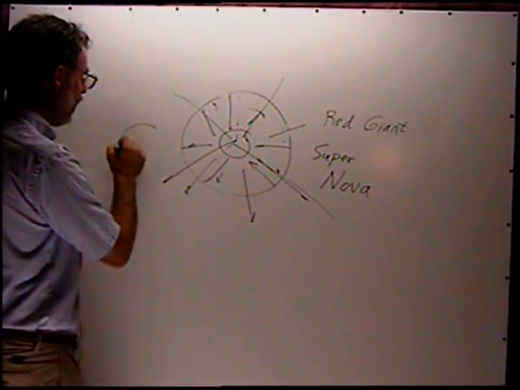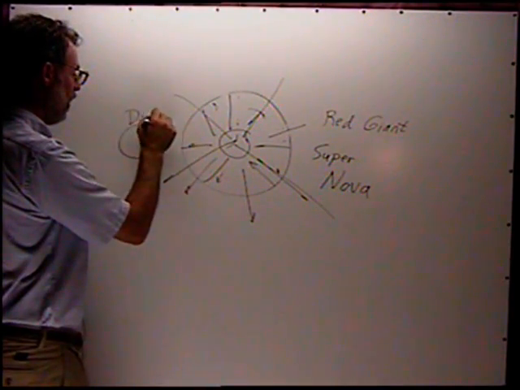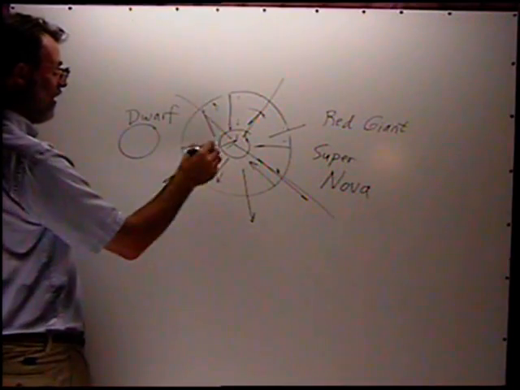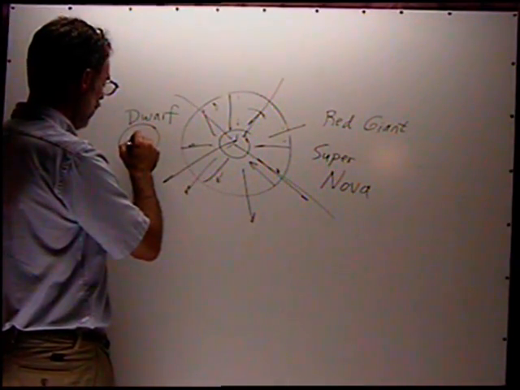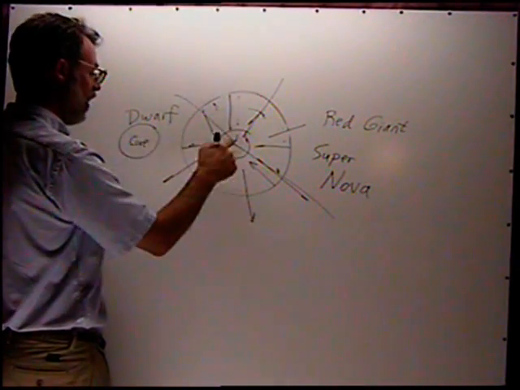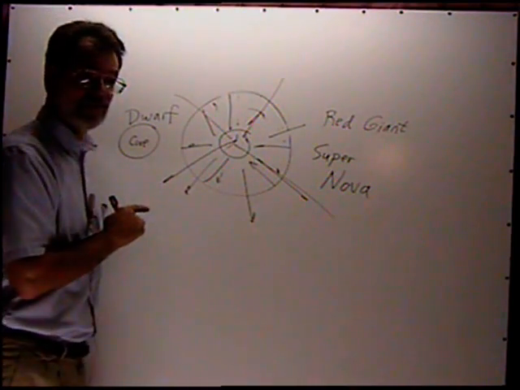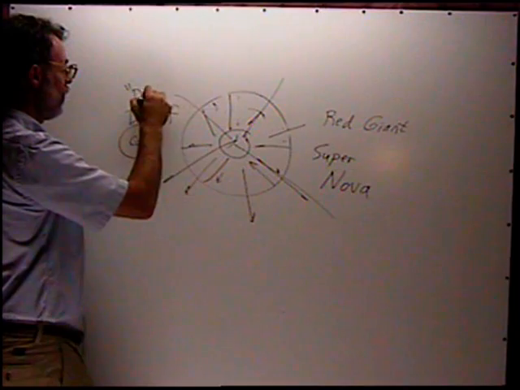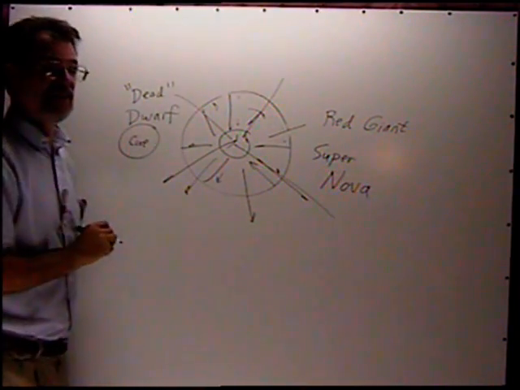And what's left is what's called a dwarf. A dwarf star, maybe you've heard of that. It's kind of the remnants, the core material of what was inside this nova. Okay. Now this tends to be pretty much what astronomers call a dead star.